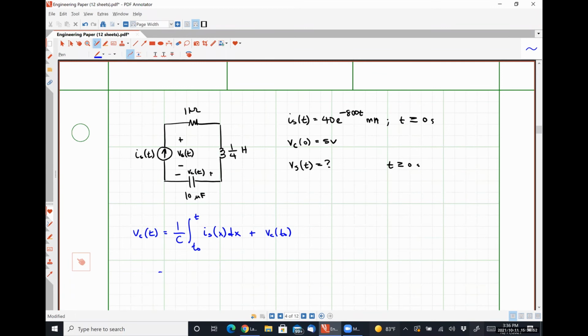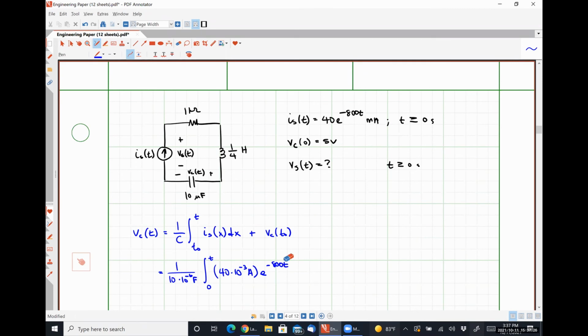If I substitute in the numbers I'm given, I will have 1 over 10 times 10 to the minus 6 farads, because that's 10 microfarads, multiplied by the integral from t equals 0 to some later point in time of 40 times 10 to the minus 3 amps multiplied by e to the minus 800t.